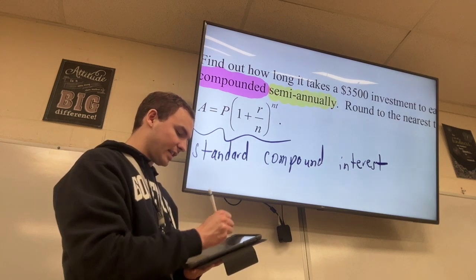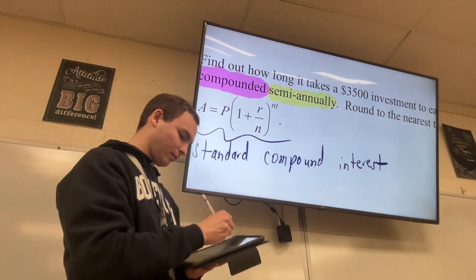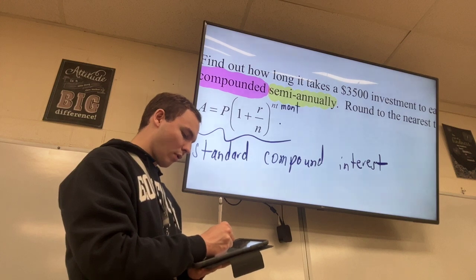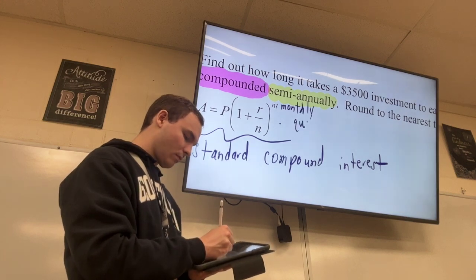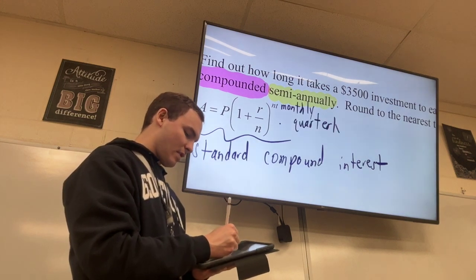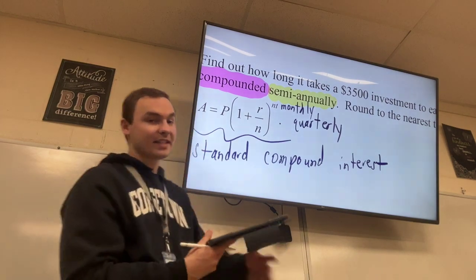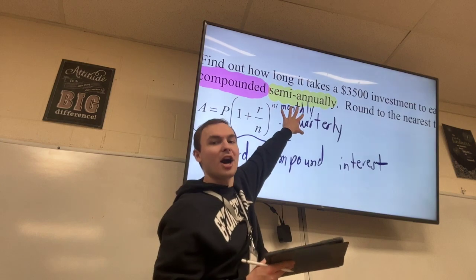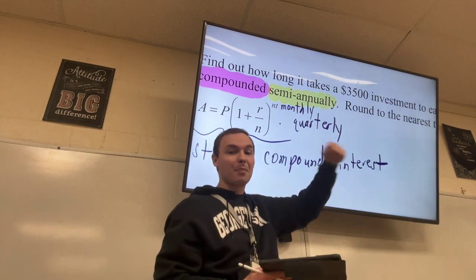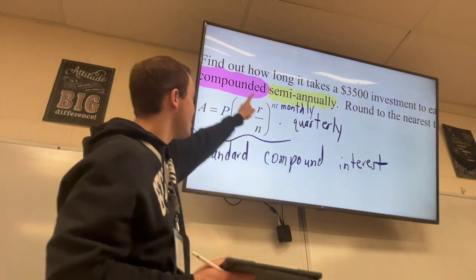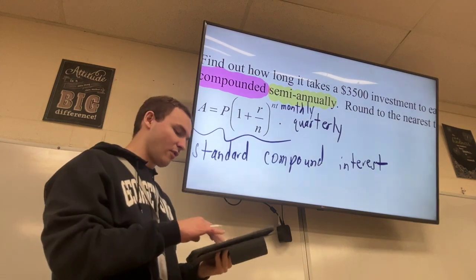If it says semi-annually, monthly, quarterly, anything but continuously, we use the regular compound interest formula.